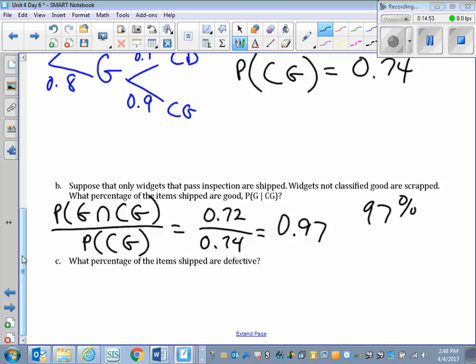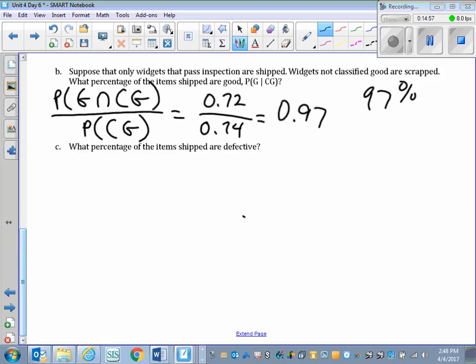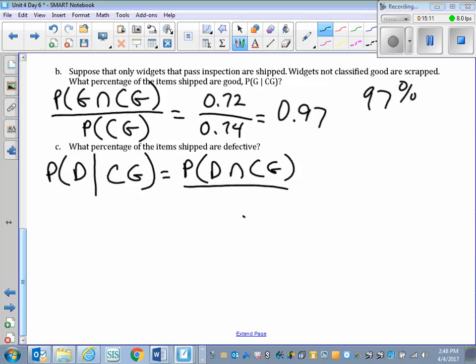Conversely, what percentage of the items shipped are defective? So we need the probability that they're defective given that they're classified as good. So that's going to be the probability that it's defective and classified as good, divided by the probability that it's classified as good.